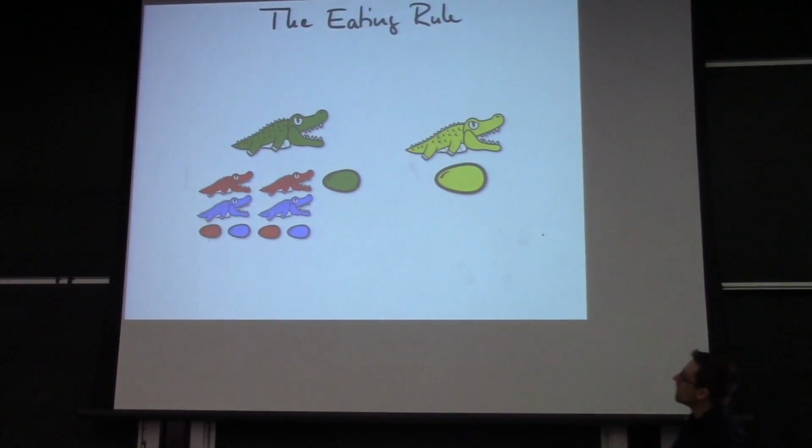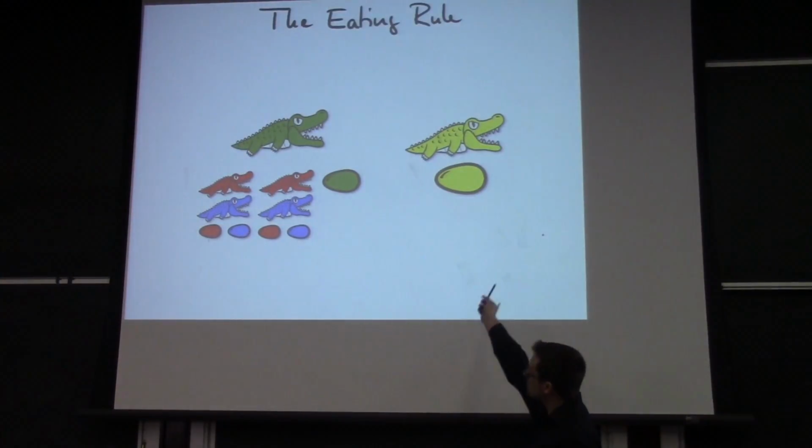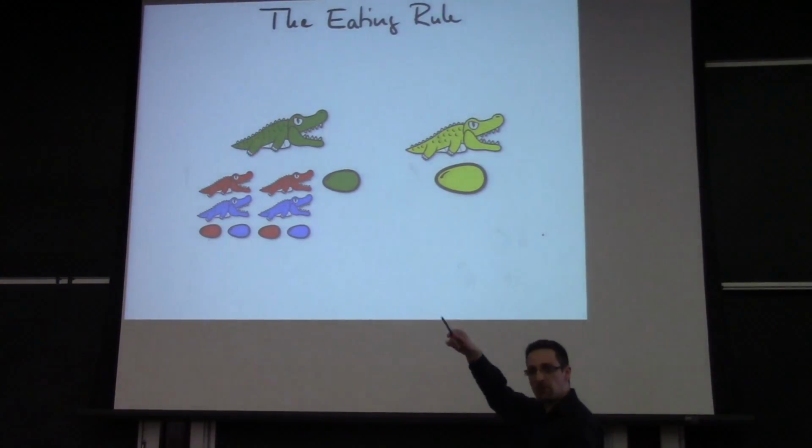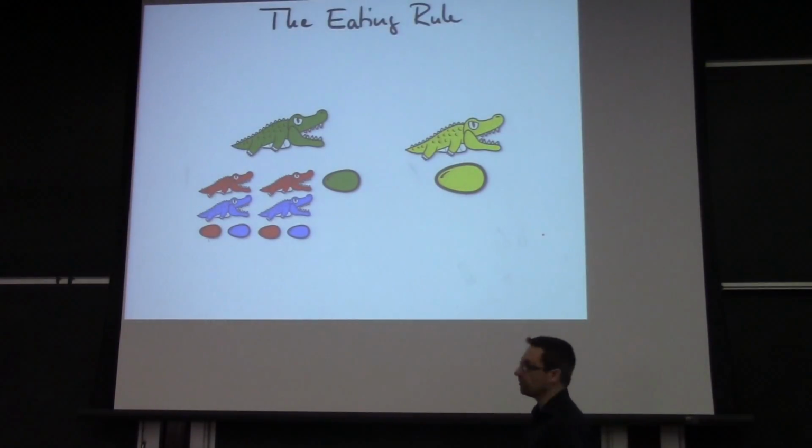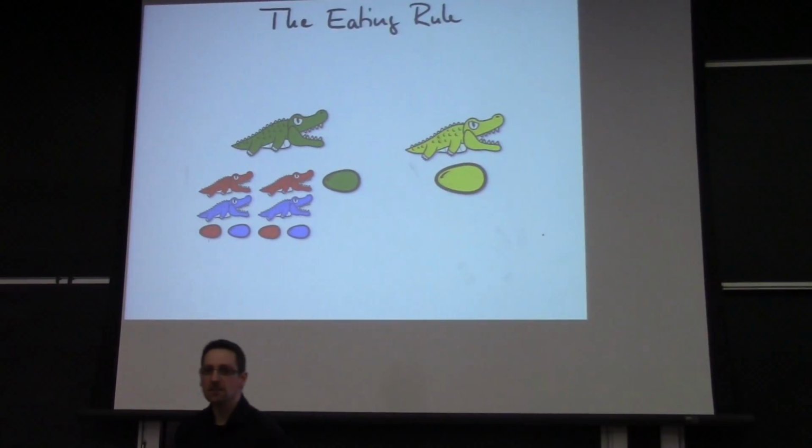In this previous example, this was what we ended up with after this one application of the eating rule. Now, how would we continue? Can you see another application? Yes? Green eats the yellow. Exactly, that's one possibility. Can you see another possibility, maybe?